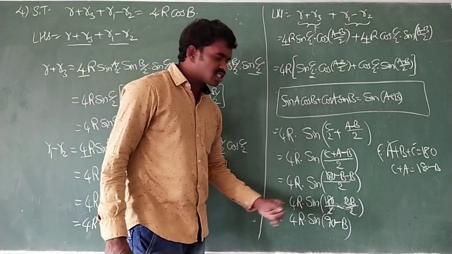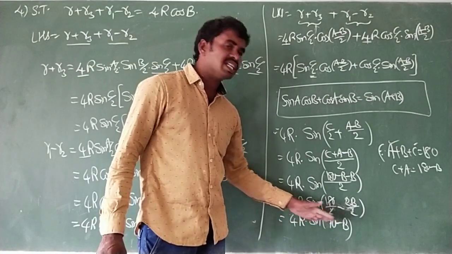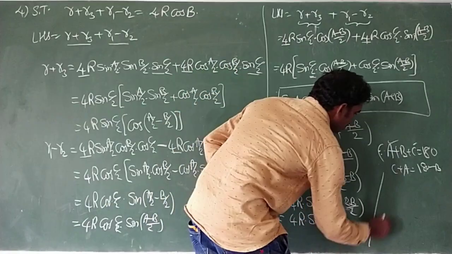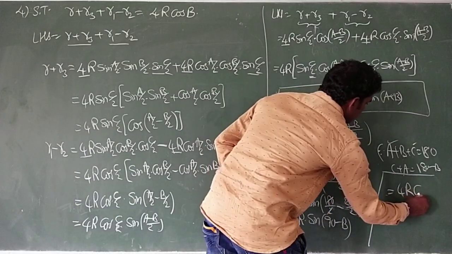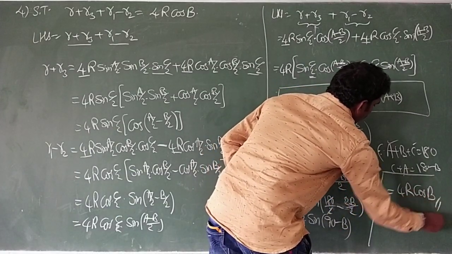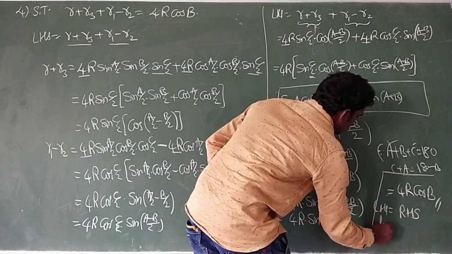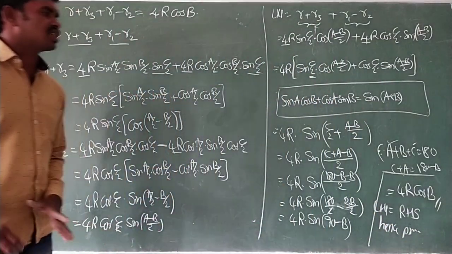Okay, in the last step we can write the answer 4R sin of (90 minus B). Sin of (90 minus theta) means what? Cos theta. Very good. So which is equal to 4R cos B. So got it, RHS? By simplifying LHS we got RHS. Hence proved. Okay, this is the answer.